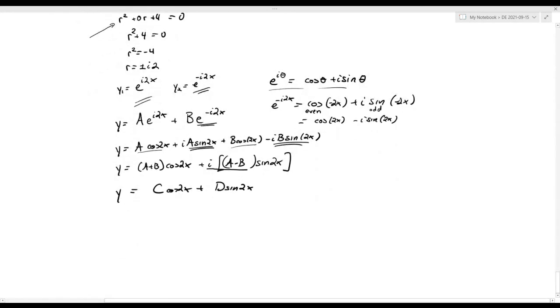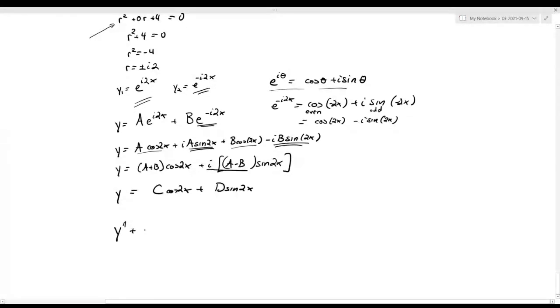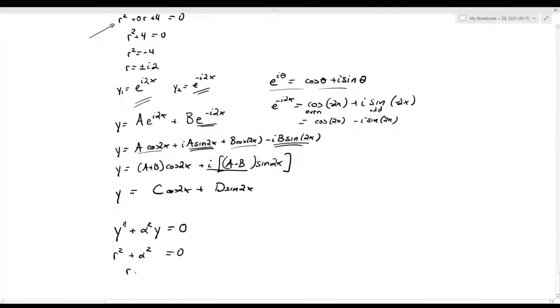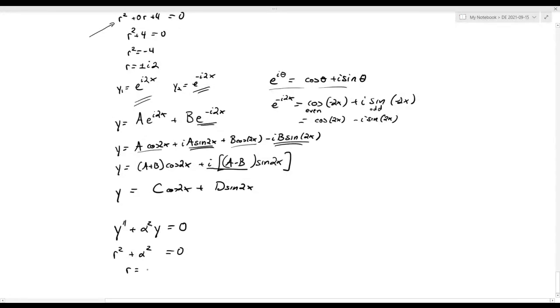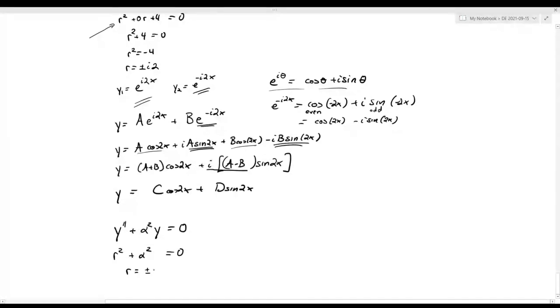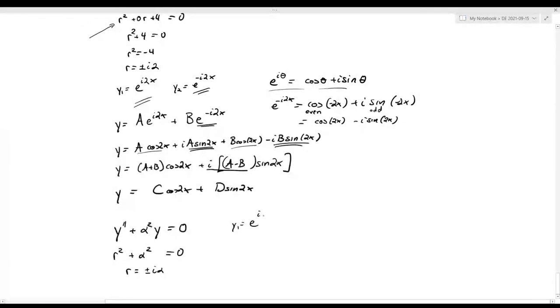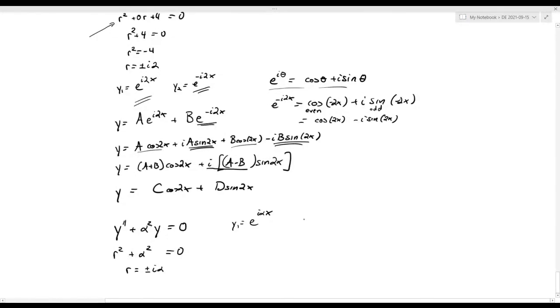In general, let's do y double prime plus alpha squared y is 0. Here's the characteristic equation. The two solutions are r is plus or minus i alpha. I should have used beta for reasons. Oh well.